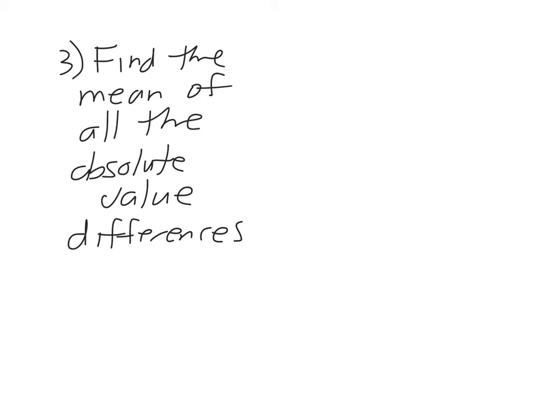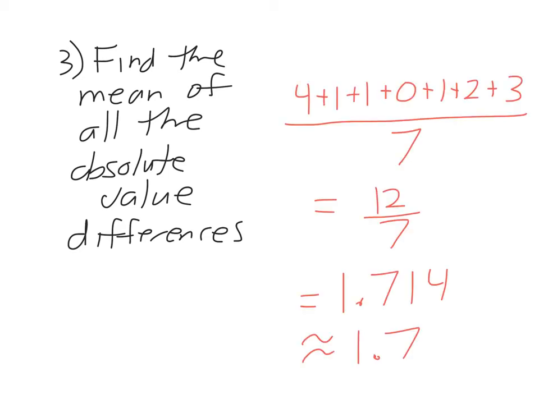Next, step 3. Find the mean of all of the absolute value differences. So I'm going to take all those numbers I just found, and I'm going to find the mean, which means adding them all up and dividing by how many there were. So I took 4, 1, 1, 0, 1, 2, 3. I added all those up and I got 12.